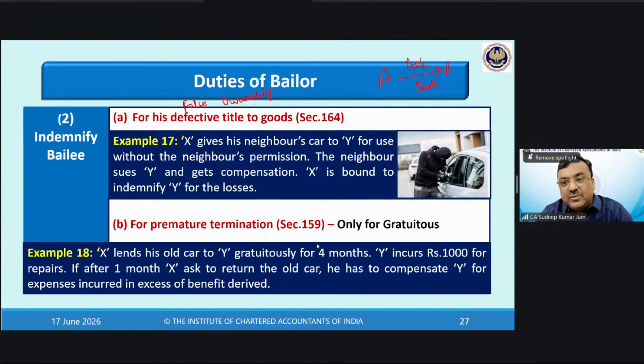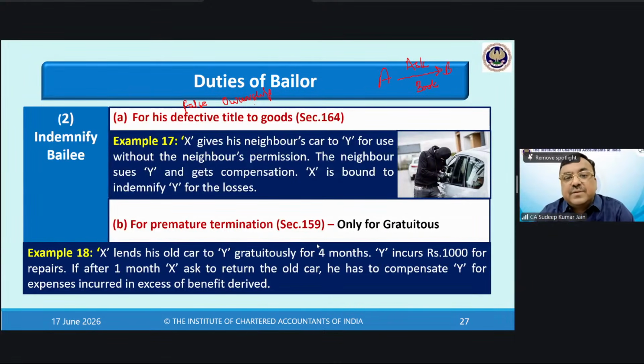B ने क्या किया, अपनी तो बुक दी नहीं, C की बुक उठाई और A को पकड़ा दी. For this fault of ownership, if A suffers some loss, B will be responsible.